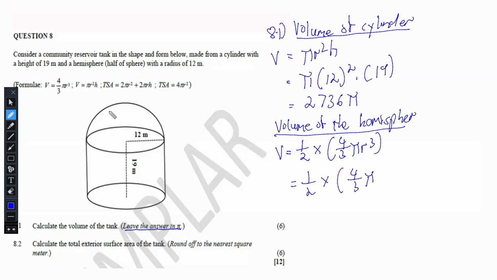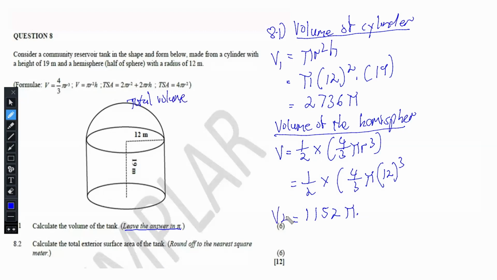The radius is still the same because as we can see, the hemisphere fits perfectly into this cylindrical tank. Right, so this is 12 and then cube that. So it will give us what? We will find 1152 pi.